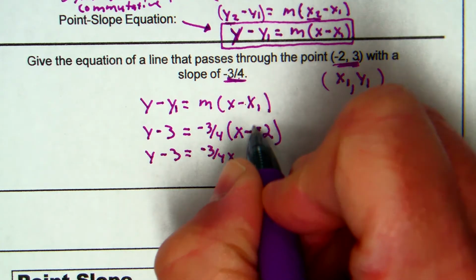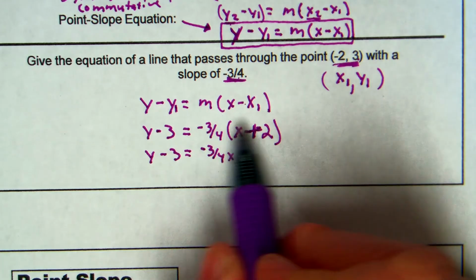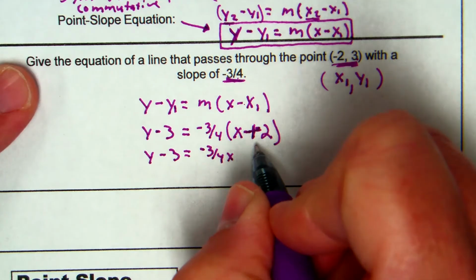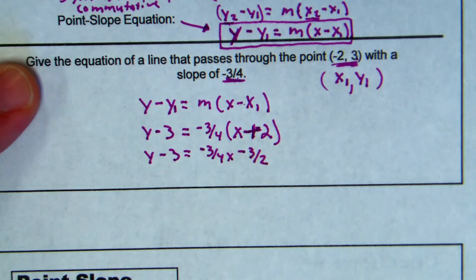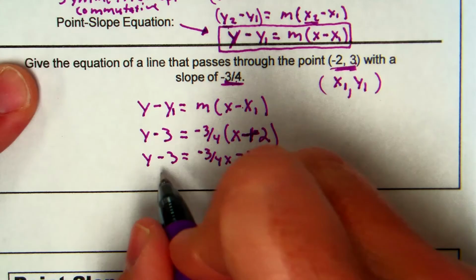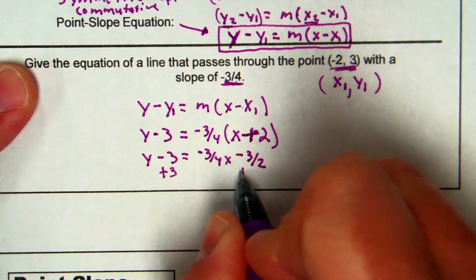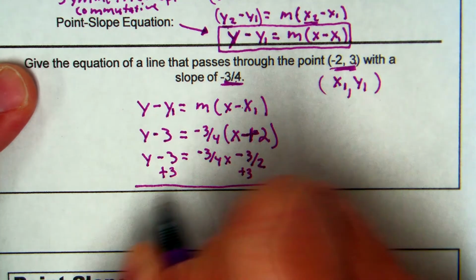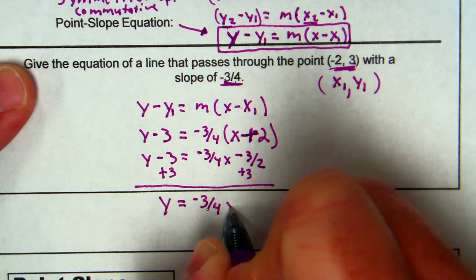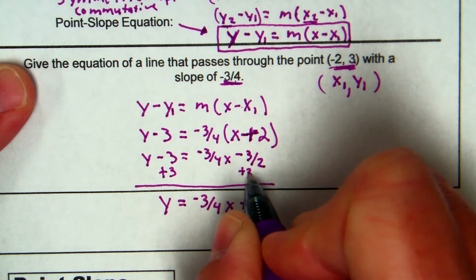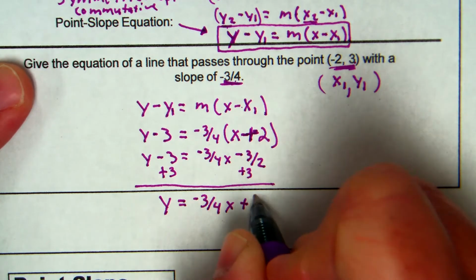This is a plus 2. Negative 3/4 times 2 is negative 6/4 or negative 3/2. Using the property of equality, I'm going to add 3 to both sides and come up with the equation y equals negative 3/4 x plus, this is 3, this is negative 1.5 plus 1.5.